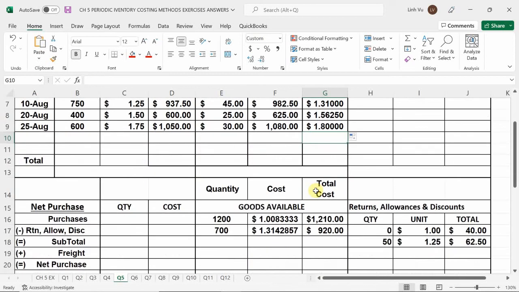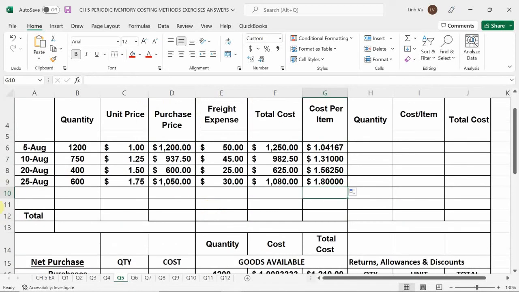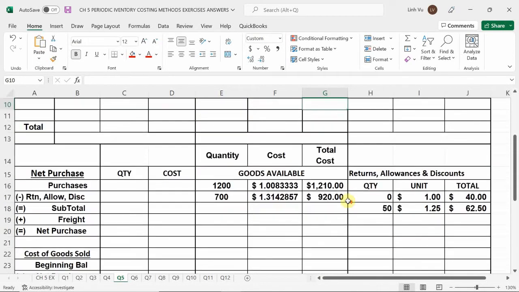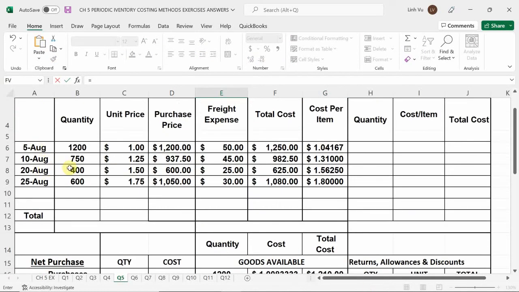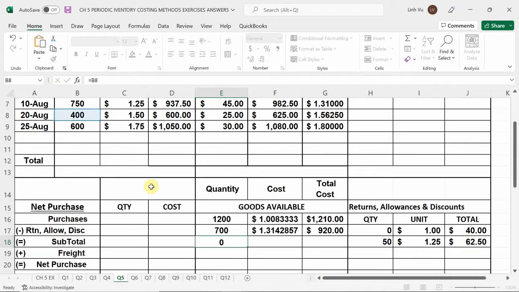So since we know that this third batch of inventory that we purchased had no changes to it, I'm going to go ahead and plug it into my goods available, because that's inventory that we actually have on hand.